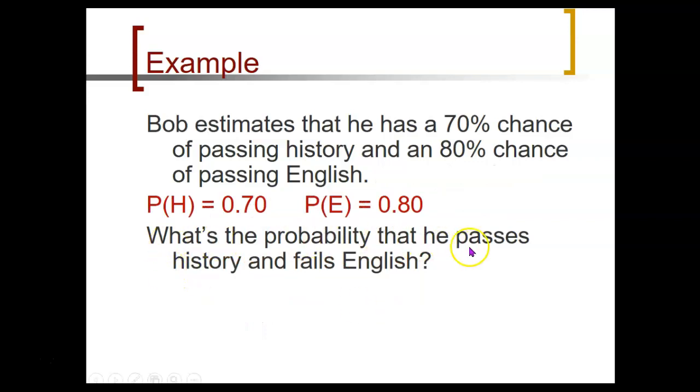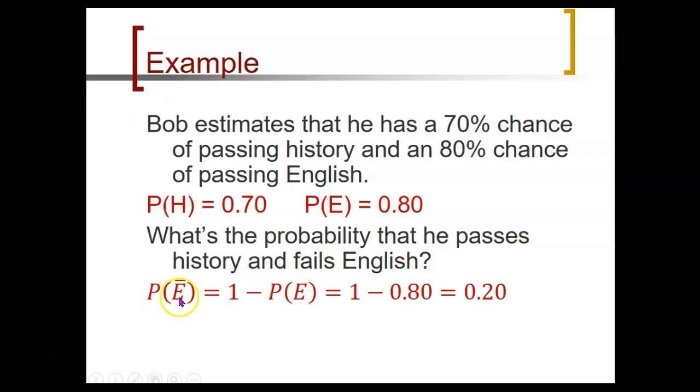What's the probability that he passes history and fails English? Now, first of all, what would the probability be that he fails English? Failing English means that he does not pass English. It's the complement of passing English. So the probability of something not happening, remember, is 1 minus the probability of that thing happening.